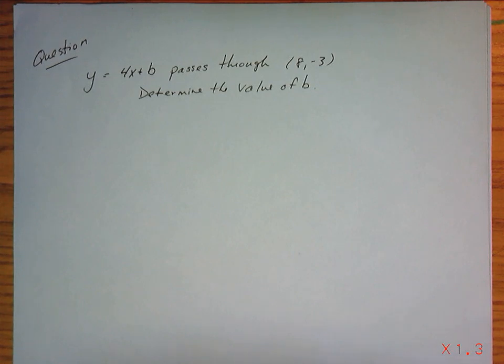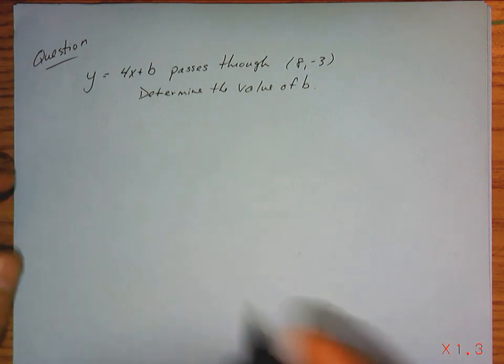Okay. So the question that we have is, we have a line y equals 4x plus b, and they're telling us that it's going to pass through the point 8 comma negative 3. Determine the value of b. All right.